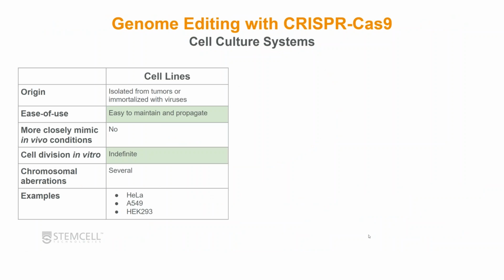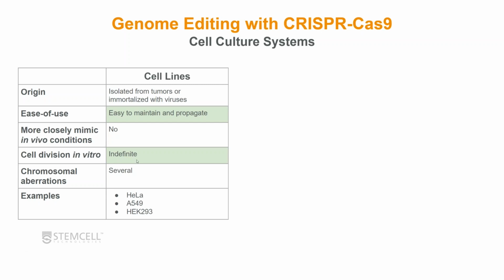So traditionally, or I guess in the early days of CRISPR-Cas9 as a genome editing tool, this tool was applied in immortalized cell culture systems. And so these kinds of cell culture systems have acquired a non-physiological ability to proliferate indefinitely. And this is because they're typically isolated from tumors, or they can be immortalized with viruses, and this allows them to propagate indefinitely in vitro.